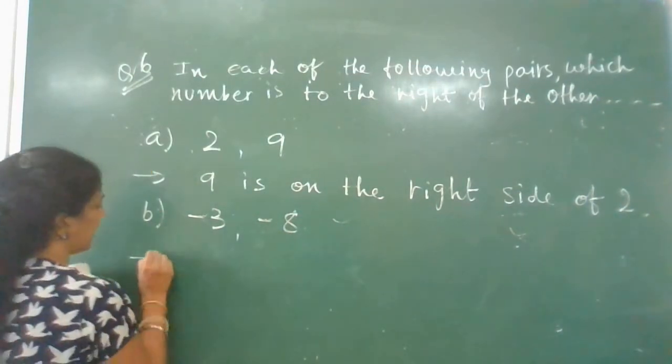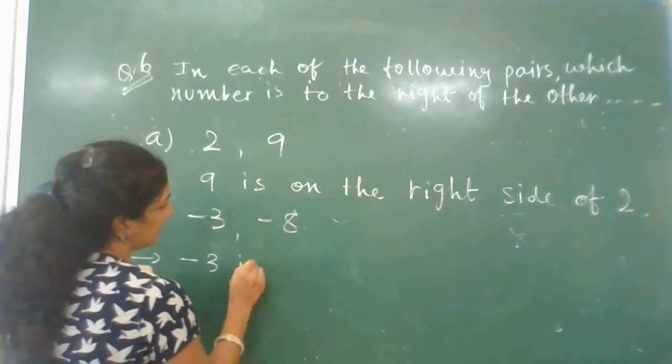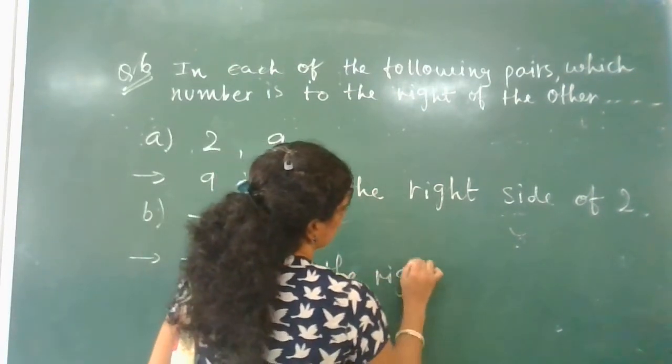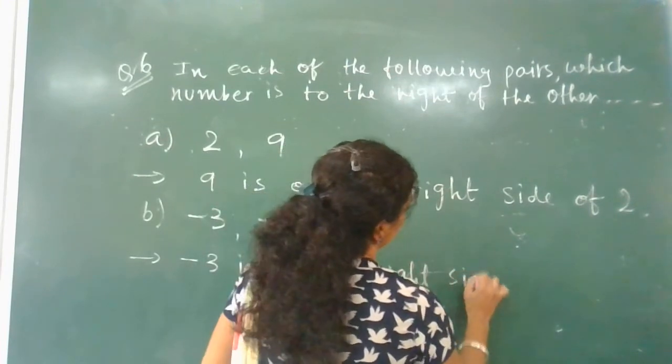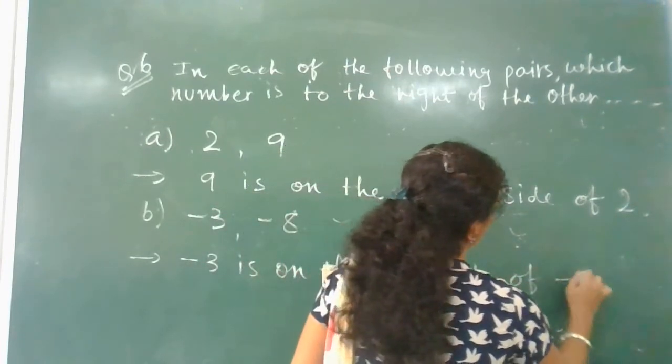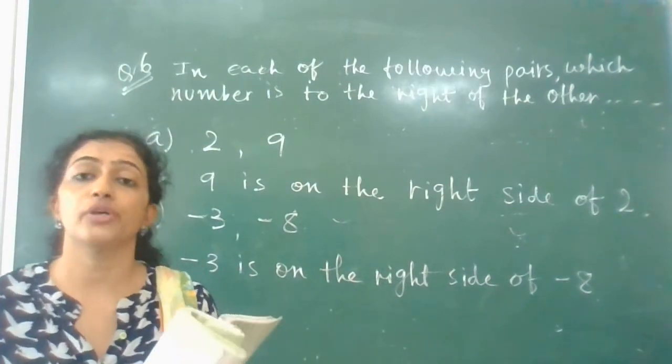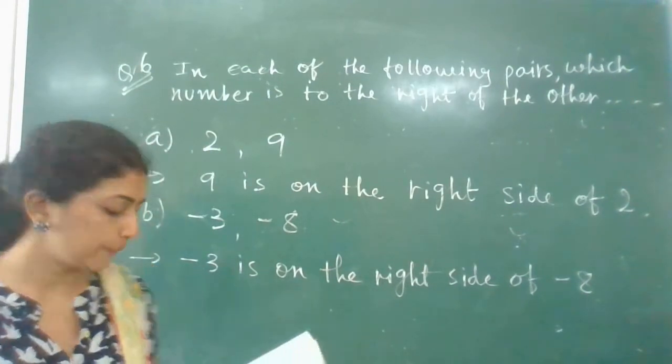So here you can say minus 3 is on the right side of minus 8. Always remember the greater number is on the right side.